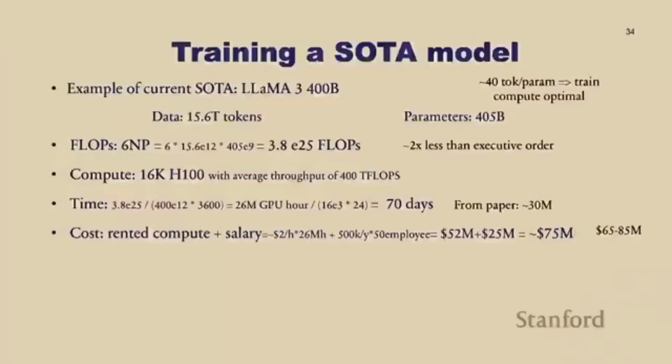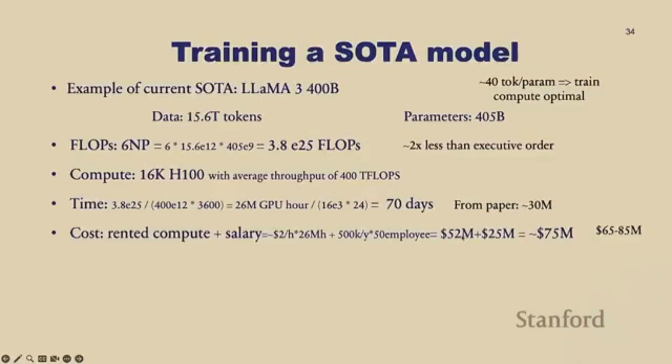Cost. It's hard to approximate, but I'm just going to say it's kind of the rent. What if I were to rent that many H100s for that many days? How much would I pay? A lower bound on the renting cost of an H100 is around $2 per hour. So if you multiply this by 26 million hours, you get $52 million.